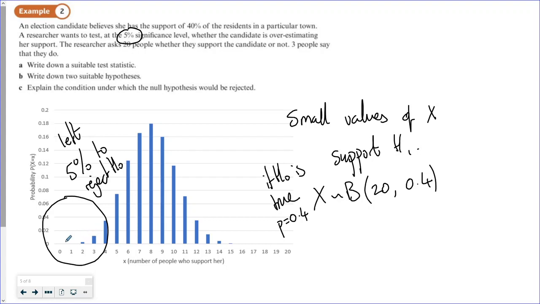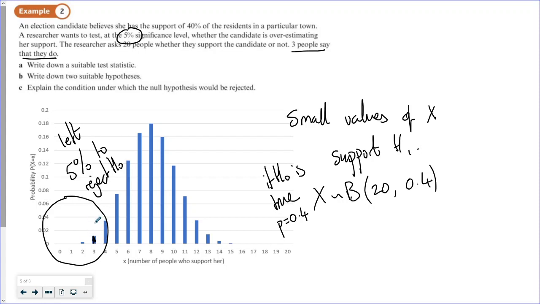So you can see that if H0 is true and the probability is 40%, then the probability of these numbers of people saying they support her out of 20 is really unlikely. We saw that 3 people supported her, so it looks like that's quite unlikely, so it looks like we could probably reject H0.